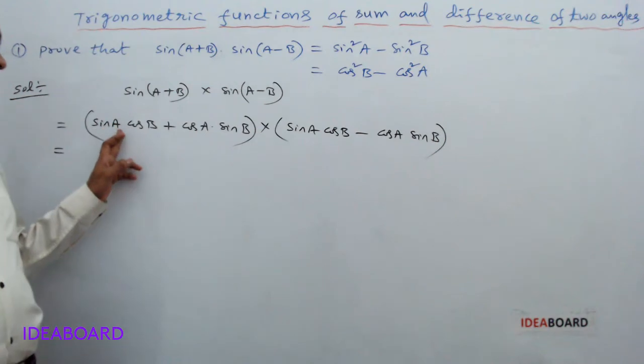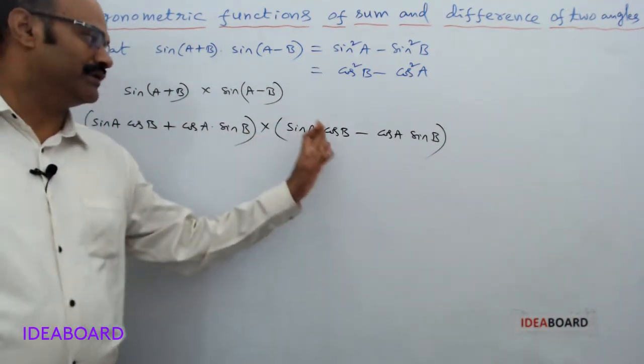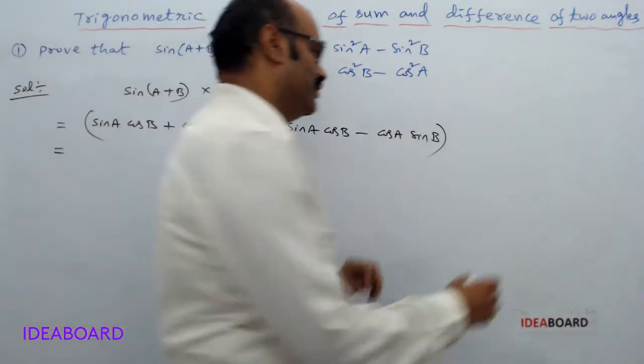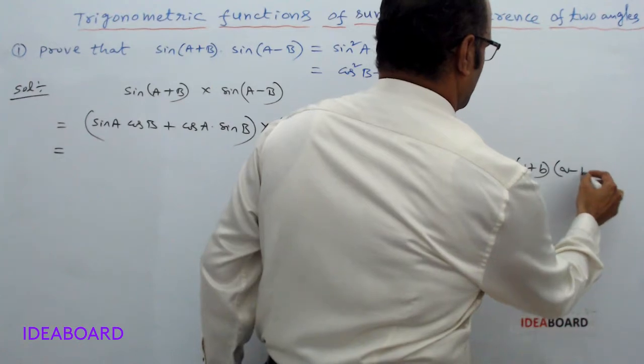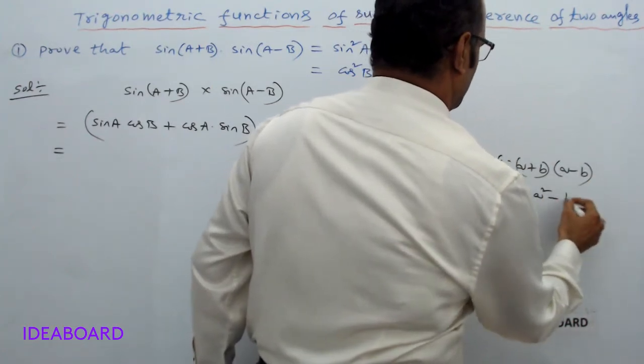Now here it's in the form of (A+B) into (A−B). We know the formula (A+B)(A−B) equal to A² minus B².